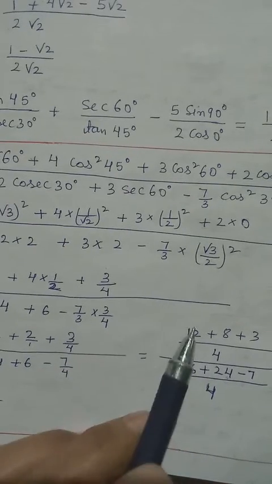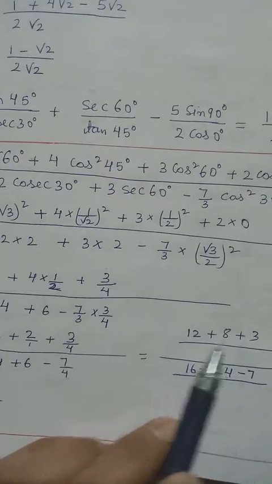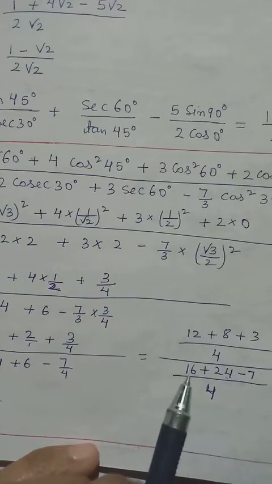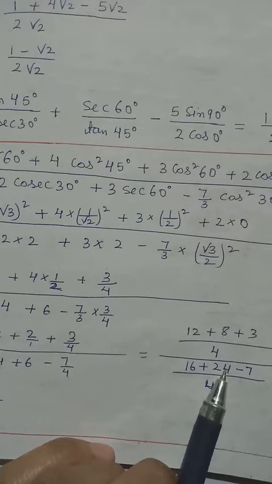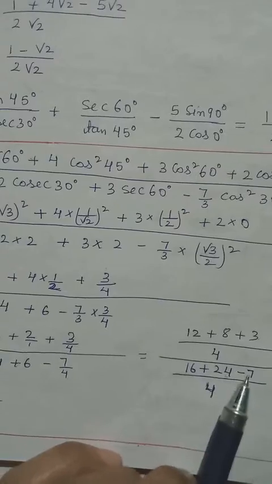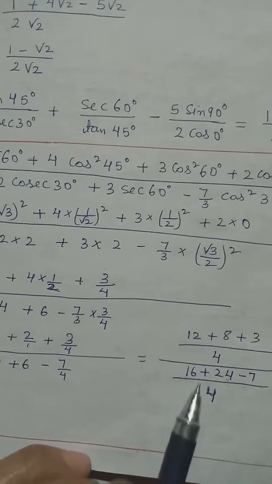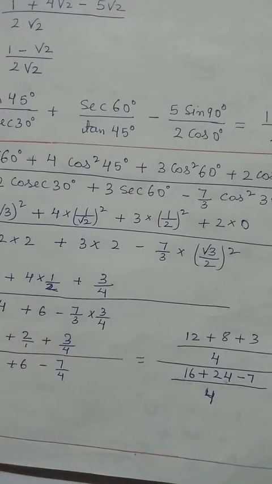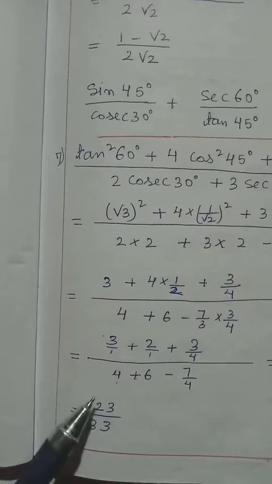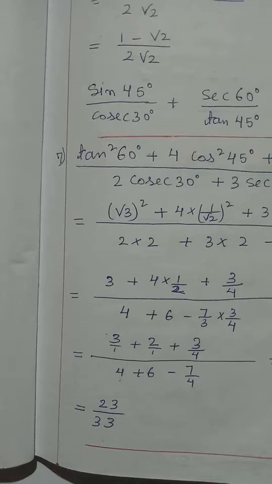We can cancel. So we can add 12 minus 8 will be 20 plus 3, 23. Then here we will have 6 plus 4, 10, 2, 1, 3, 4. 40 minus 7. It will be 33. So that means the whole value after calculating it is equal to 23 by 33.